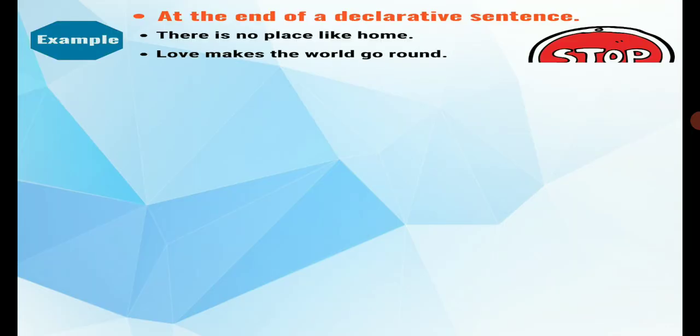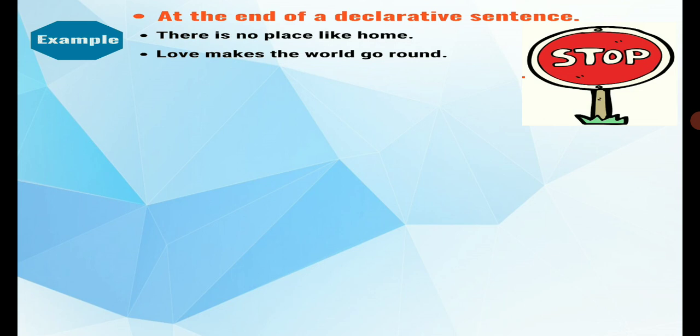Let's see another rule of the full stop. At the end of a declarative sentence, if you are telling about something, it is a declaration. At that time we put a full stop after this type of sentence. For example, there is no place like home. It is a declaration that my home is the best place for me.